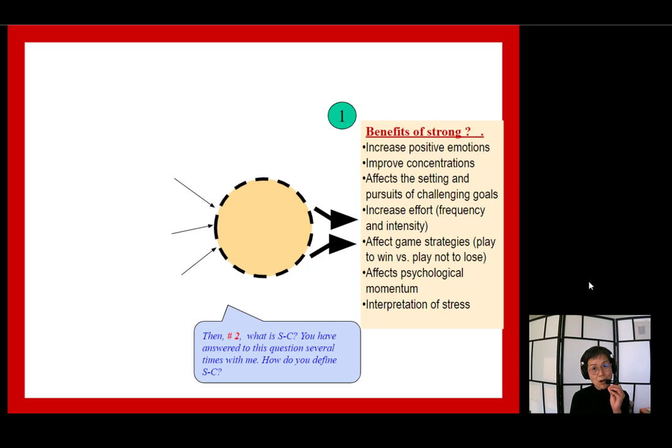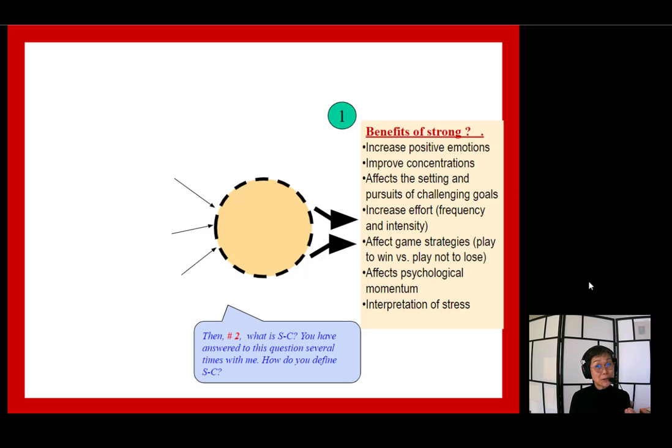If you have a strong this, then you're more likely to set challenging goals to pursue. It also affects the effort level in terms of frequency, intensity, and duration. If you have a stronger one, then you're more likely to put more effort into the task that you are performing.